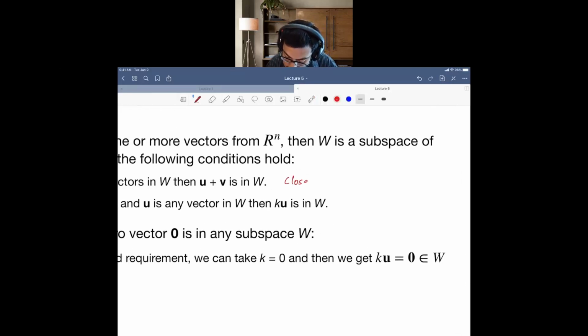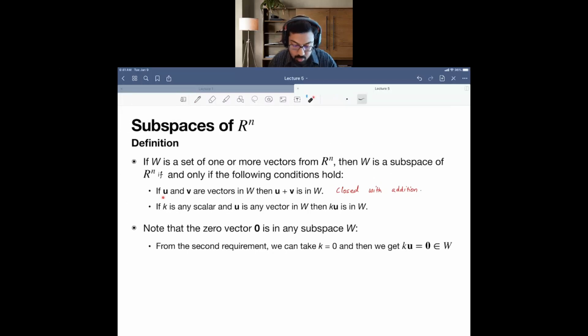Closed with addition. So the answer should also belong to that subspace, right? W. So you see, I'm taking two vectors here in a subspace W. If I add them, I should get the result to also belong to that same subspace W. That's one condition, and we are calling that closed with addition.